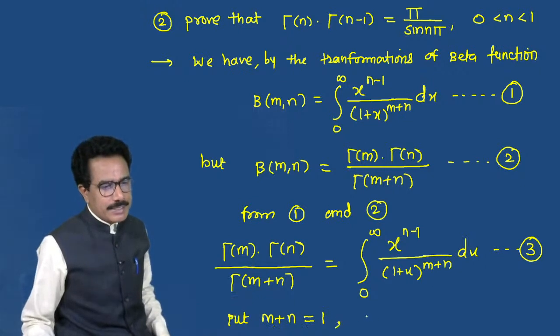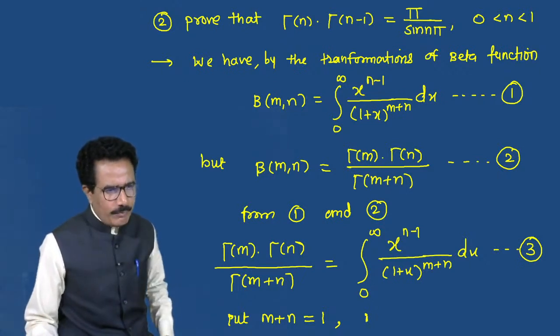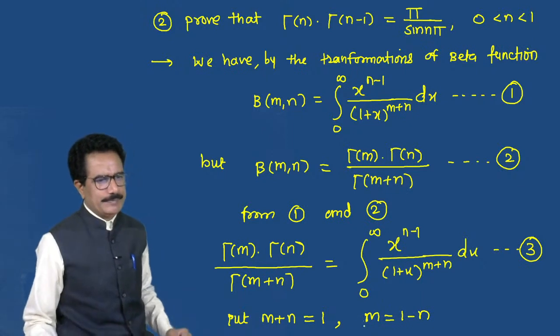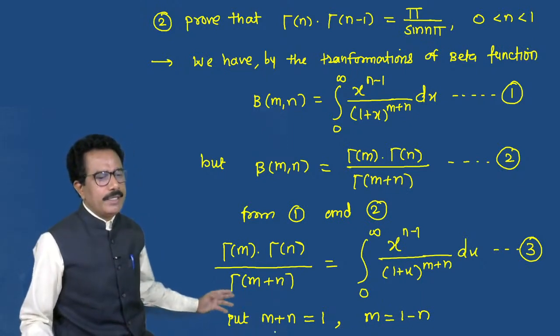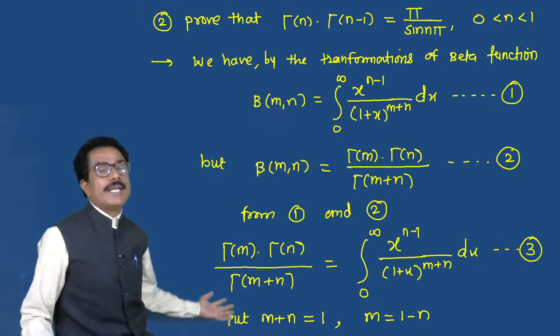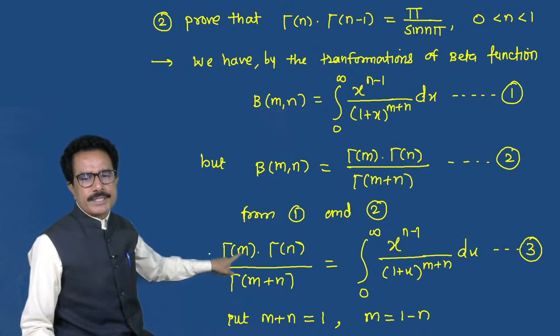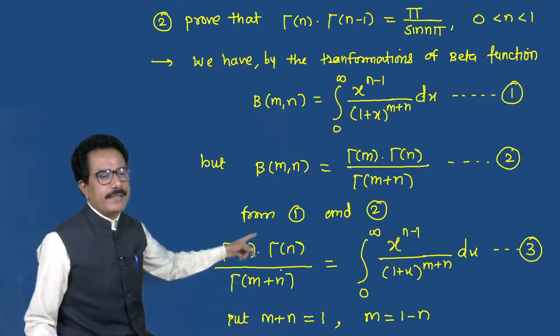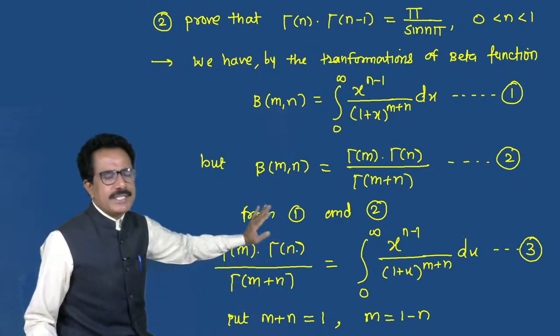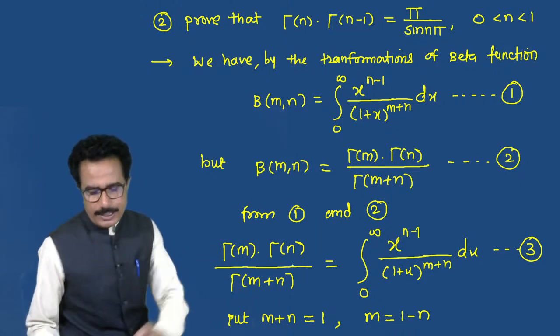That means m will be 1 minus n. We put m plus n equal to 1, then we can write m equal to 1 minus n on the left side. So put m as 1 minus n, gamma n as it is, and m plus n means 1, so we can write on the left side.